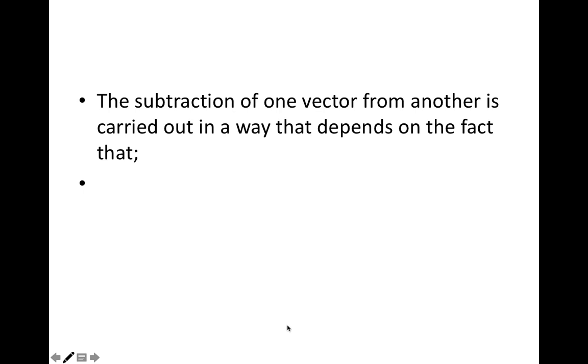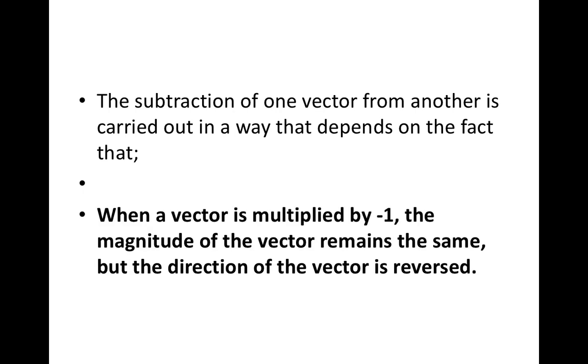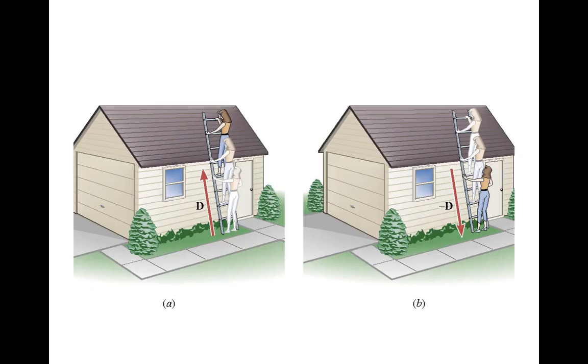The subtraction of one vector from another is carried out in a way that depends on the fact that when a vector is multiplied by -1, the magnitude of the vector remains the same, but the direction of the vector is reversed. So for example, this person moving up the stairs is represented by vector positive d.